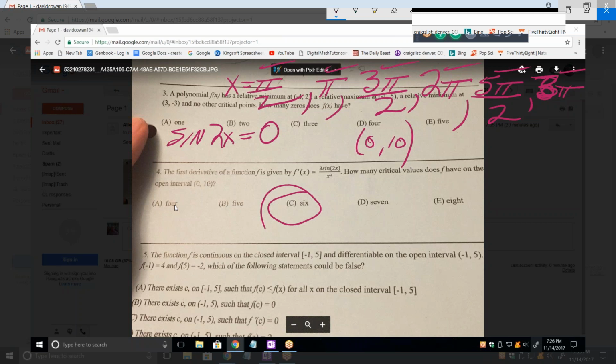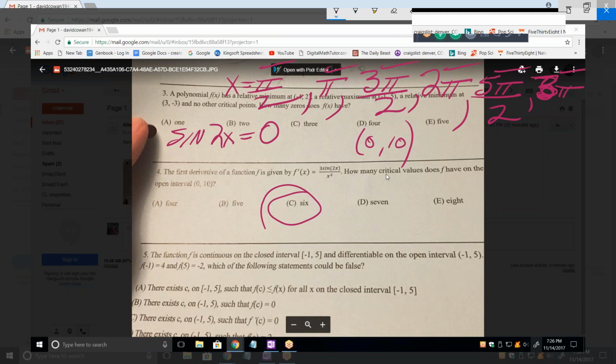So we definitely were not able to use x equals 0 as one of them, I guess because it's an open interval. Well, there's another problem with x equals 0. This function is not defined at x equals 0, although that does constitute a critical value. In other words, a critical value is wherever the first derivative is equal to 0 or undefined.